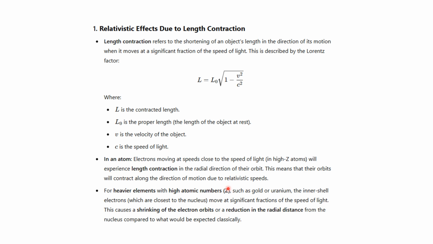So for heavier elements like gold and uranium, the inner shell electrons, which are closest to the nucleus, move at significant fractions of the speed of light. This causes shrinking of the electron orbits, or a reduction in the radial distance from the nucleus compared to what was expected classically. Very interesting phenomena, right?